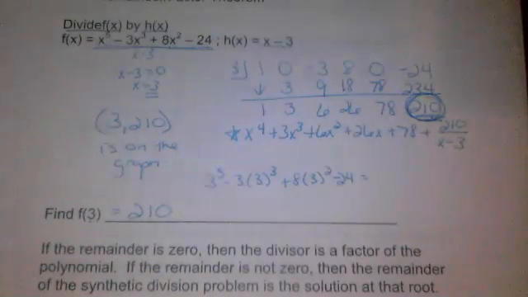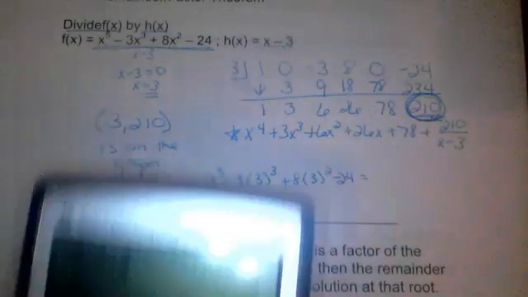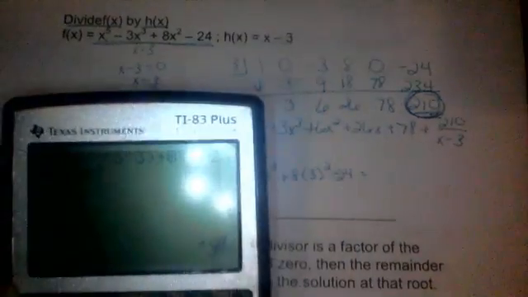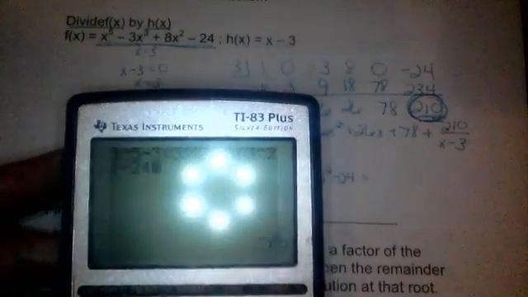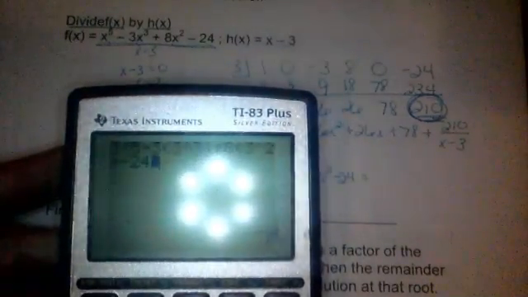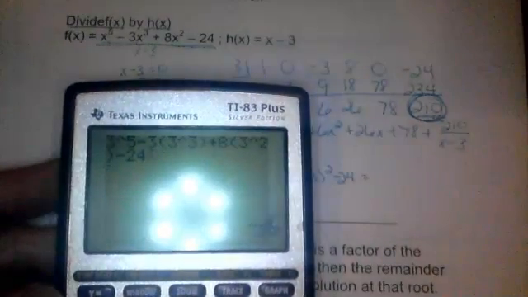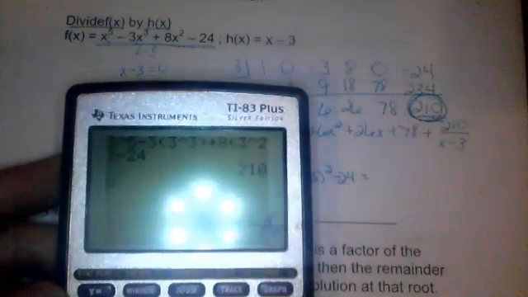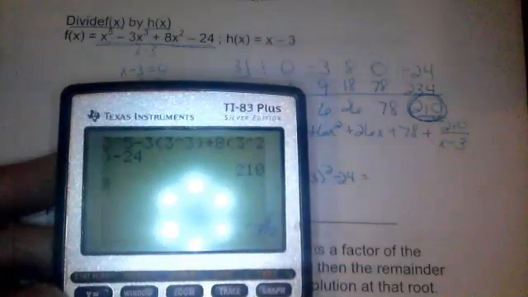Let's see what I get. All right, so here it is. Typed all that in. 3 to the 5th minus 3 times 3 raised to the 3rd plus 8 times 3 squared minus 24. I get 210.